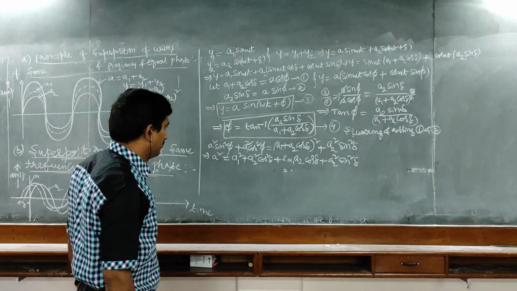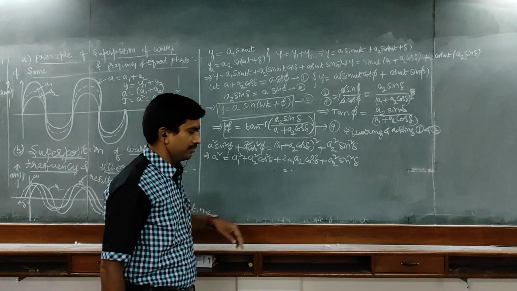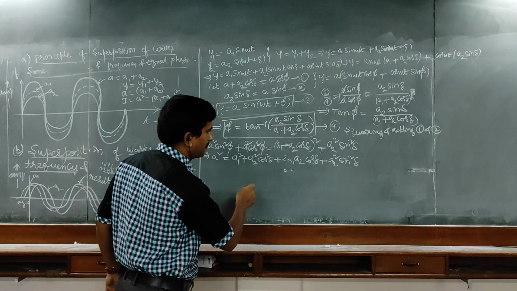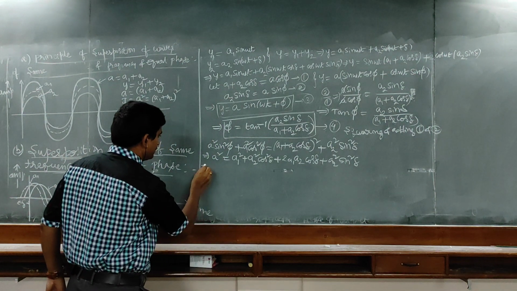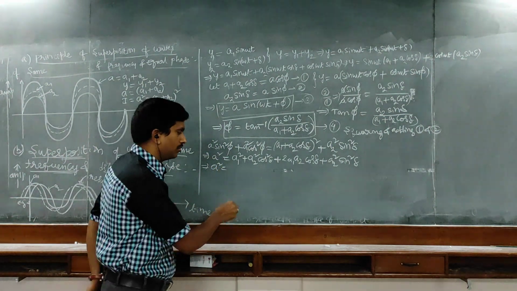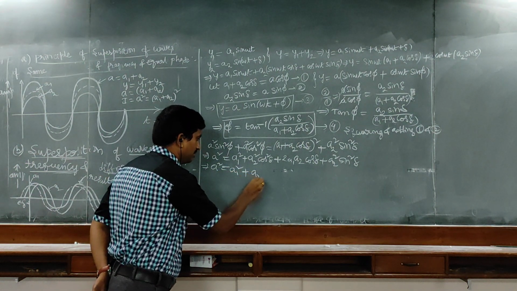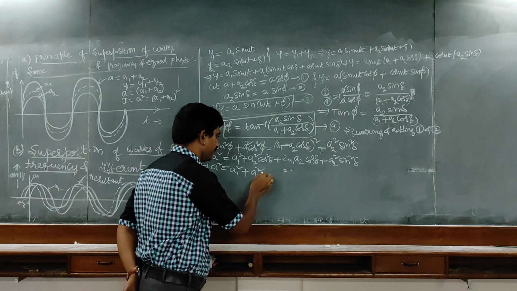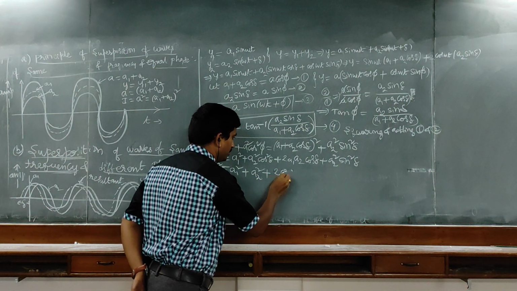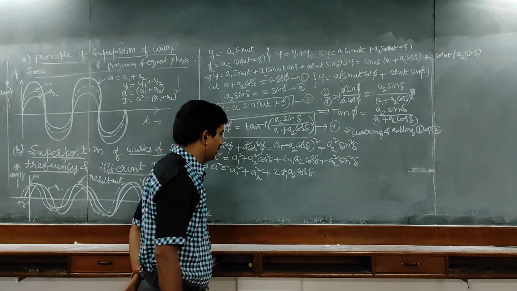Then if you take a2 square as a common term, we have a square is equal to a1 square plus a2 square plus 2a1 a2 cos delta.